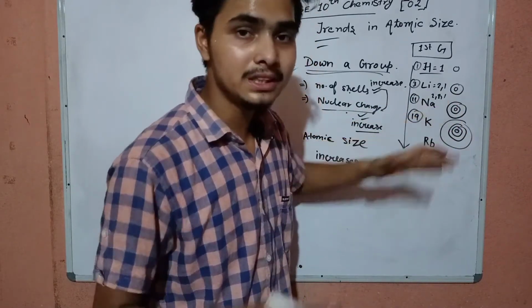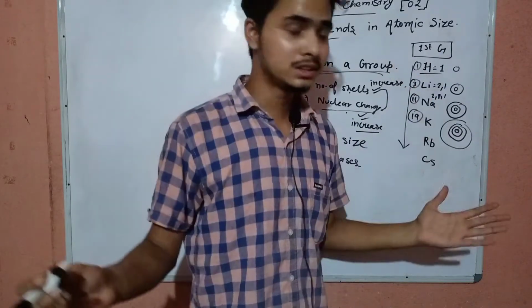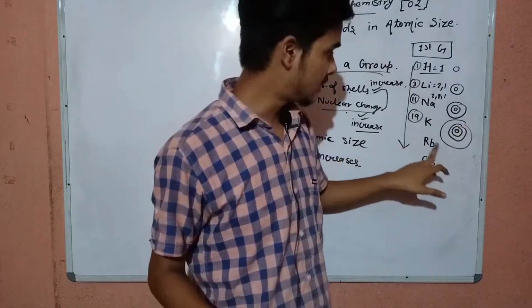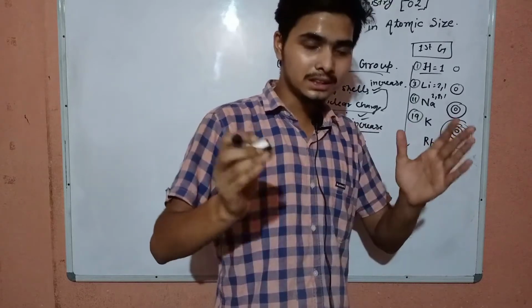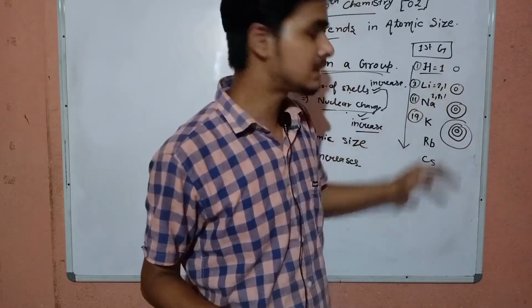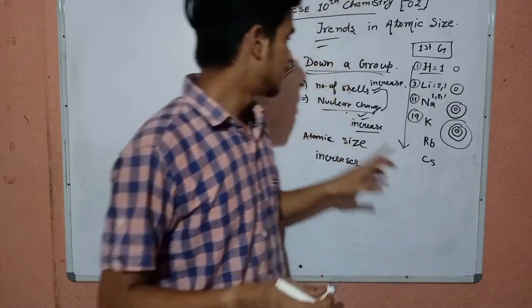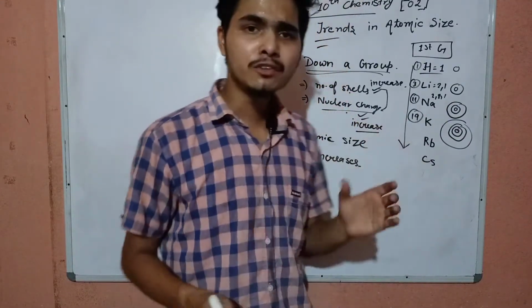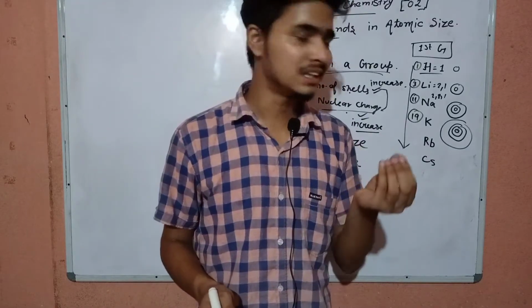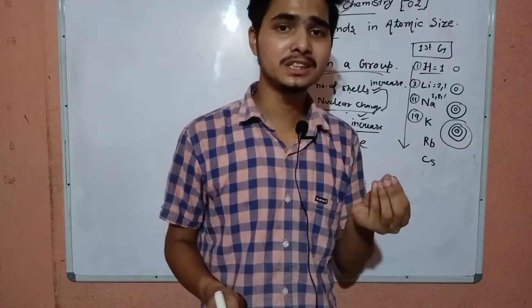Sodium has 3 shells. Potassium has 4 shells. So the number of shells is getting increased at every stage, so rapidly that the effect of nuclear charge is not seen.